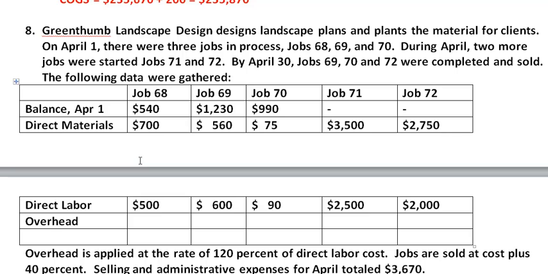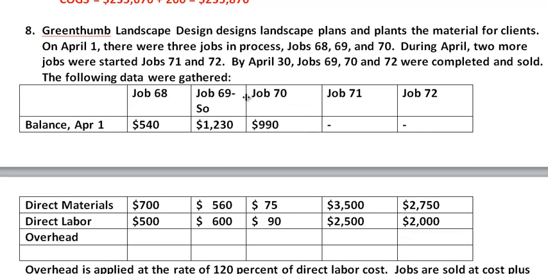Number 8 is a really good problem to look at with regard to job order costing. It says that we have multiple jobs that we're working on, 68, 69, 70, 71, 72. It says by the end of June 30, 69, 70, and 72 were completed and sold. What I like to do when I know what happened to a job is make little notes next to it.